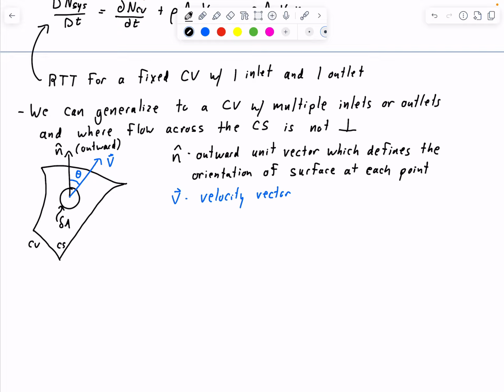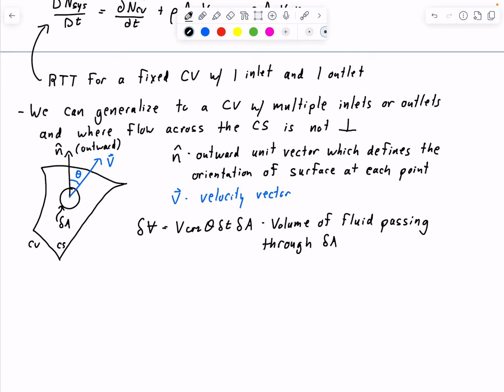And so we can write down an equation for delta V. So this is going to be V cosine theta delta t delta A. And just to remind you, this is the volume of the fluid which is passing through our little elemental region, delta A, this area, in time delta t.